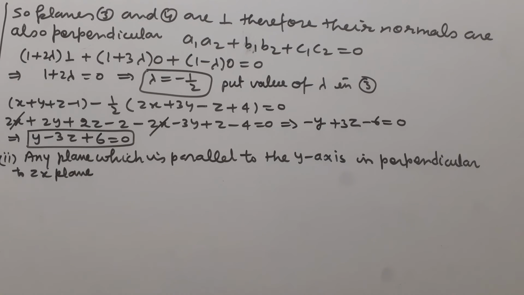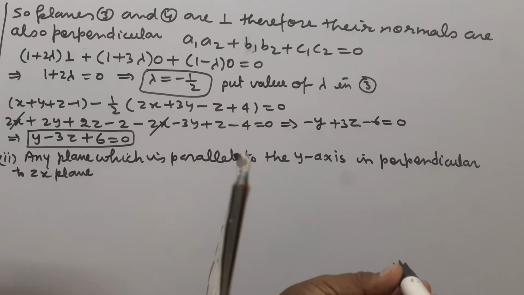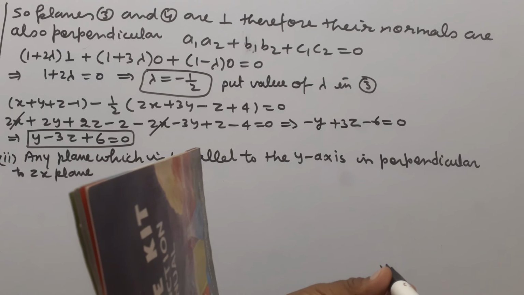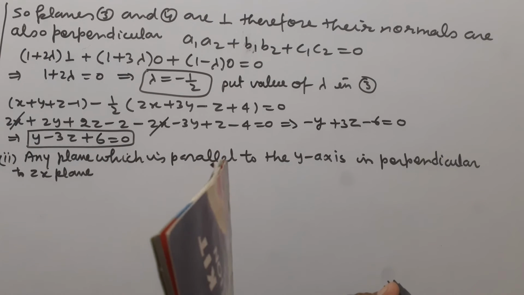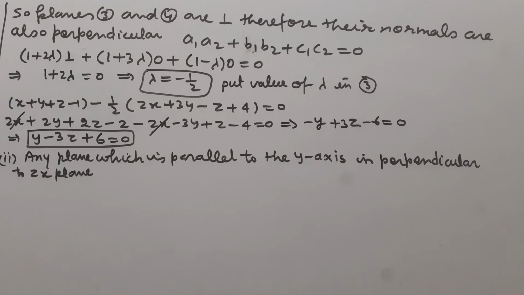Suppose that this is the y-axis and this is the required plane, and the required plane is parallel to the y-axis. That means this required plane is perpendicular to the zx plane. So the required plane is perpendicular to the zx plane.